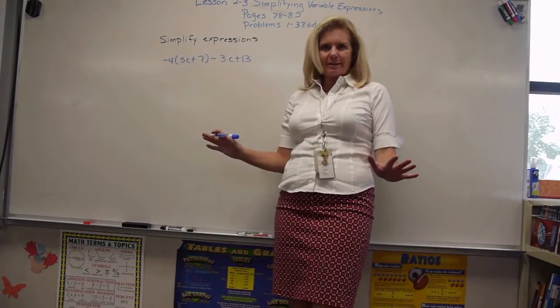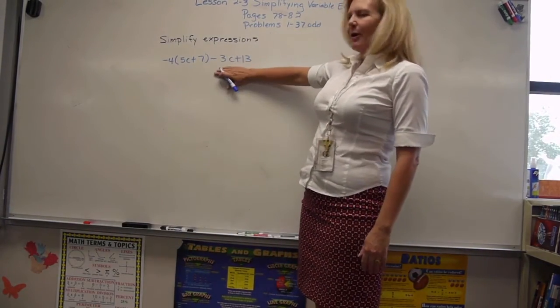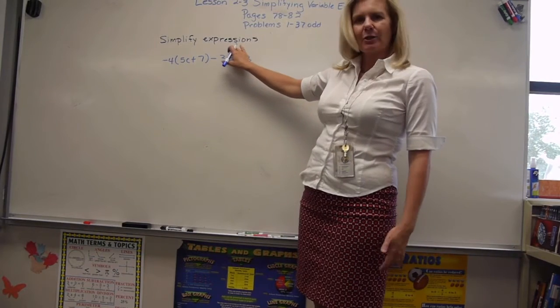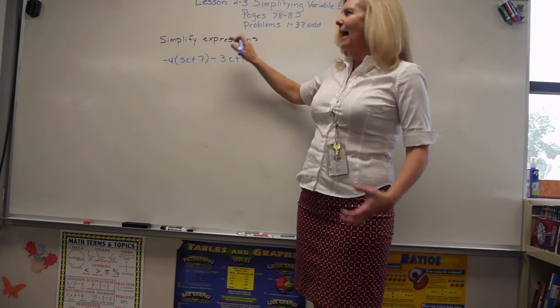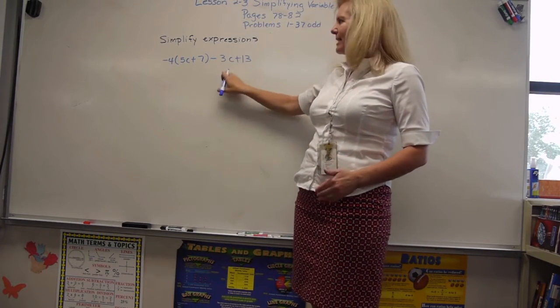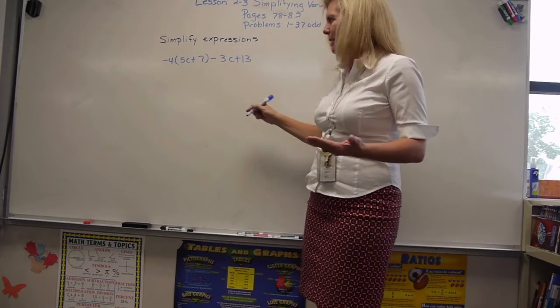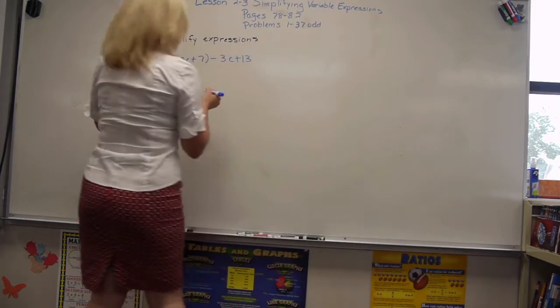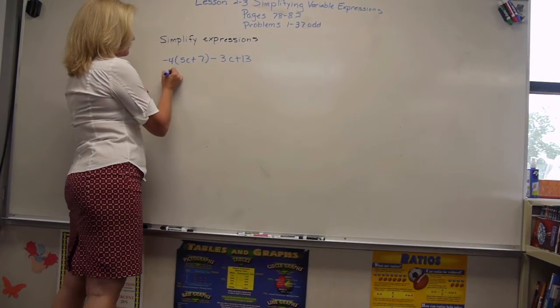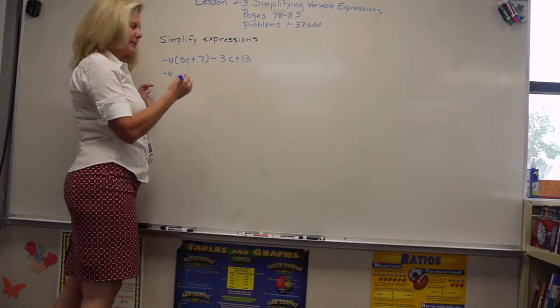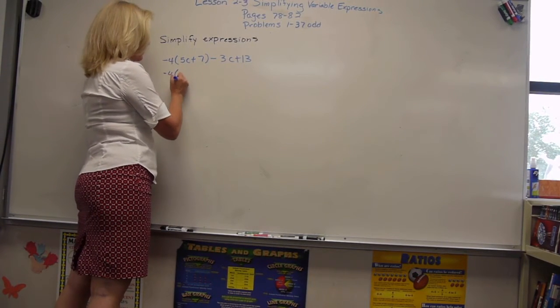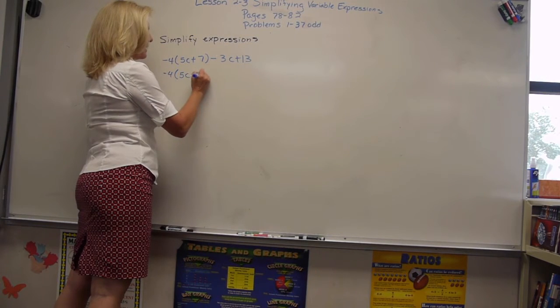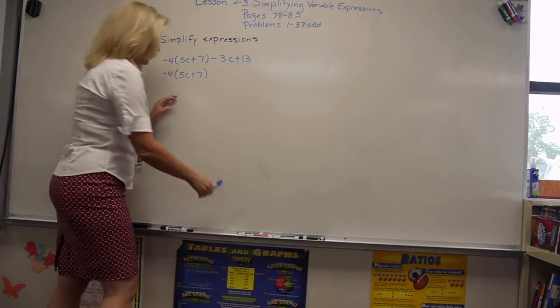So let's pull it all together. Here I have an expression. Your homework's going to ask you to simplify expressions. I'm still going to follow the hint that when I see subtraction, I'm going to change it to plus the opposite. So I'm going to rewrite this. And I see negative 4, and since it's the first one, I'll just leave it as negative 4. I see my parentheses, but everything's addition in it, so I'm not going to worry about it.